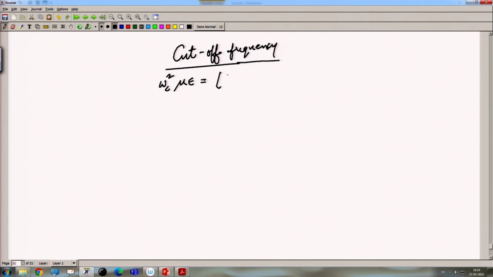As we also wrote before, the cutoff frequency is given by omega c square mu epsilon is m pi by a whole square plus n pi by b whole square.